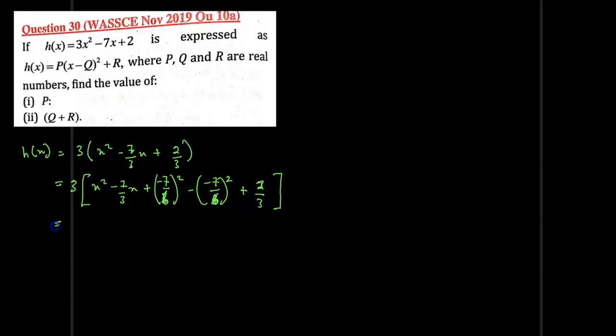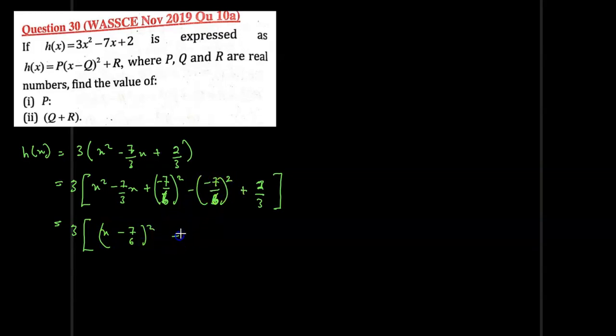So we are going to have it as 3 square brackets open. Then we write a factor for that: x minus 7 on 6 all squared. Then we merge this.